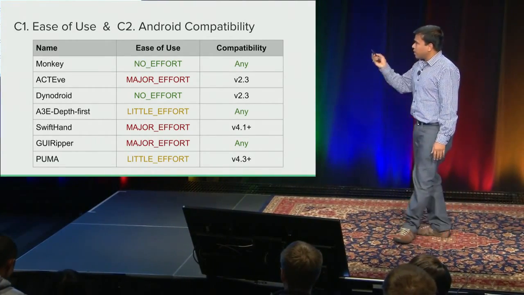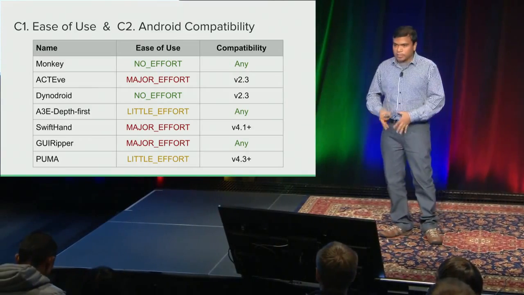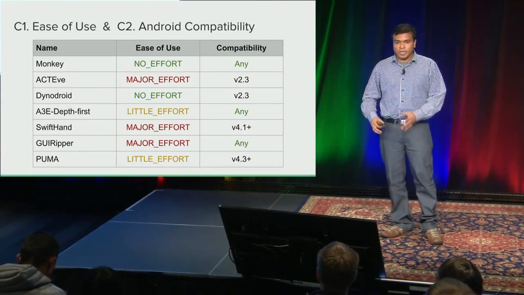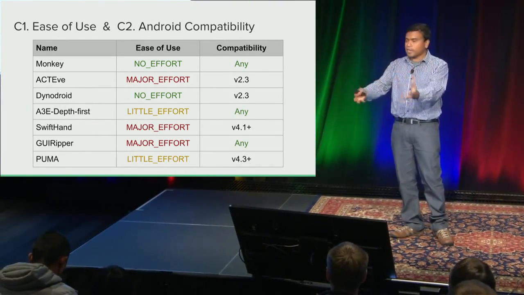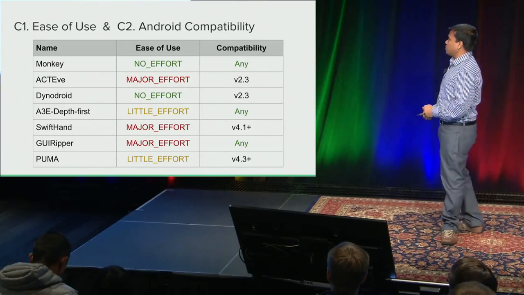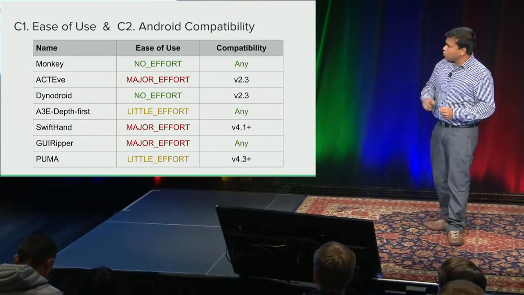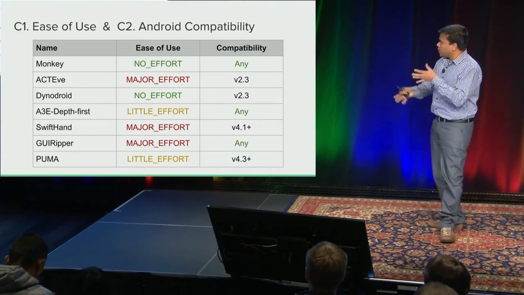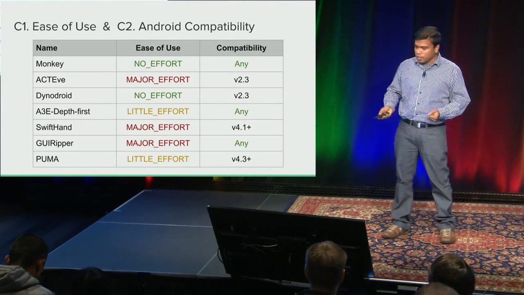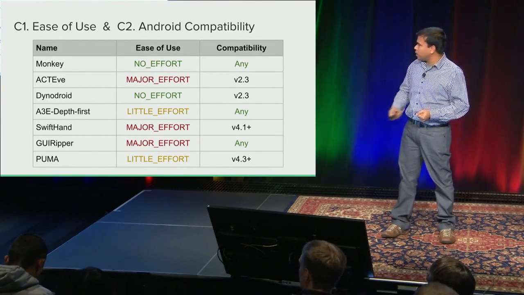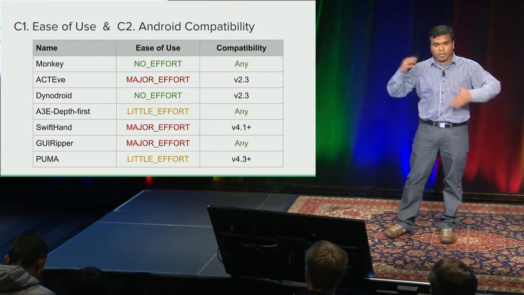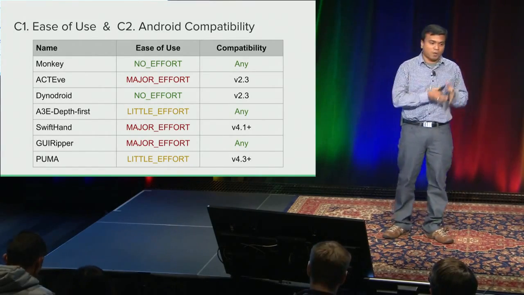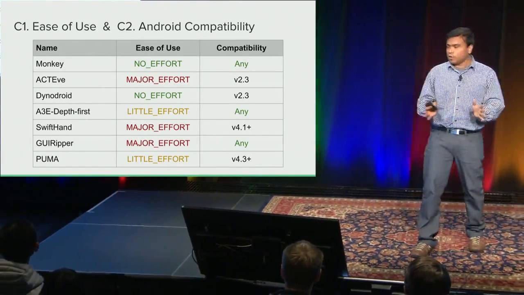In the case of DynoDroid, the authors actually released a virtual machine, so it was very easy for us to reproduce their experiments and use the tool. For 2 tools, A3E and Puma, we had to spend a couple of days to fix minor bugs, and we got them running. For 3 other tools, ACTEve, SwiftHand, and GUIRipper, it took us weeks to interact with the developers because these tools were not maintained anymore, but we finally got them running.